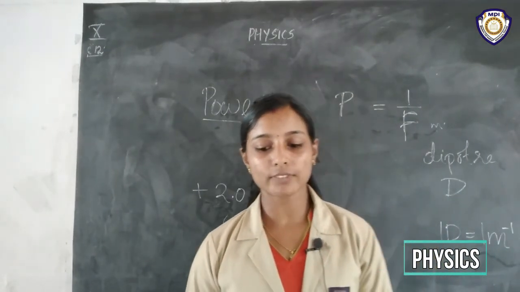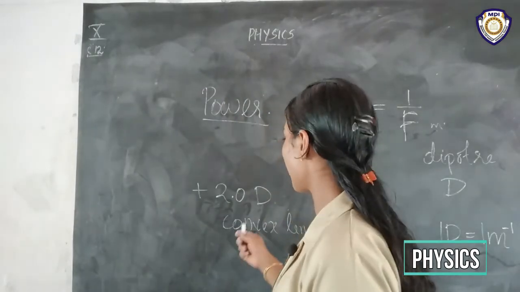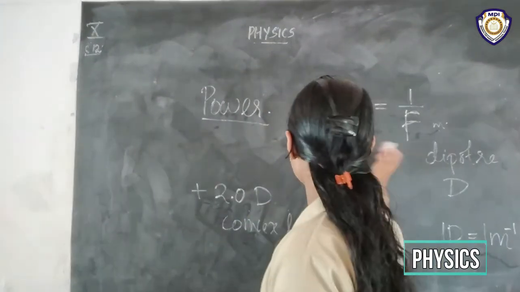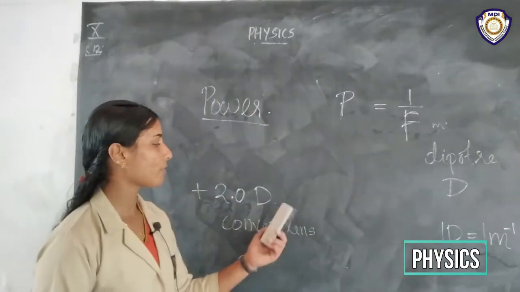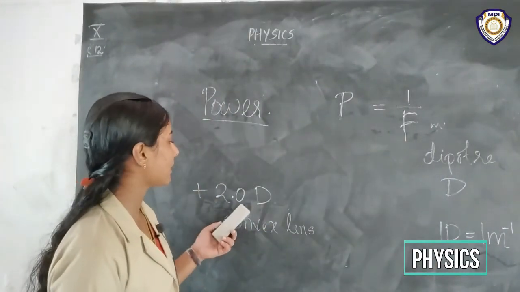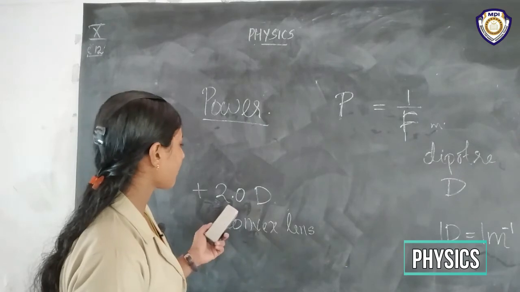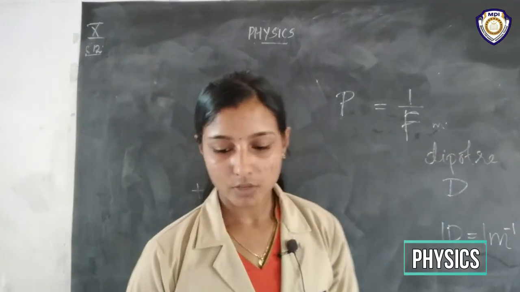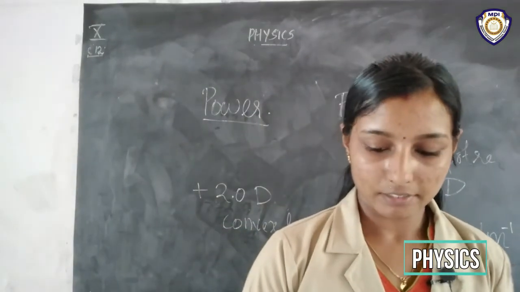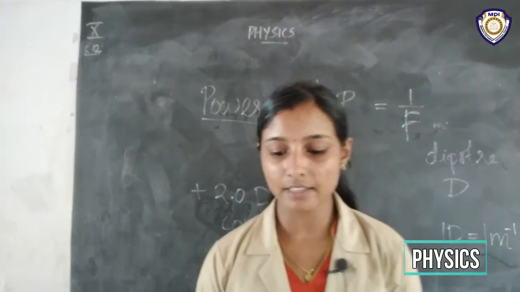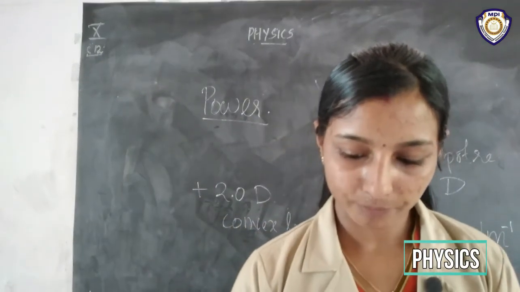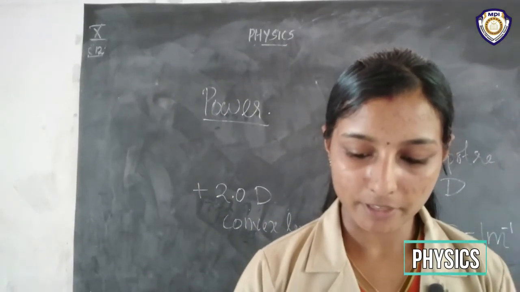We can find the focal length of the lens from this power. Power is the reciprocal of focal length, so we can find F by using this equation. So the focal length of the lens is positive 0.50 meter.